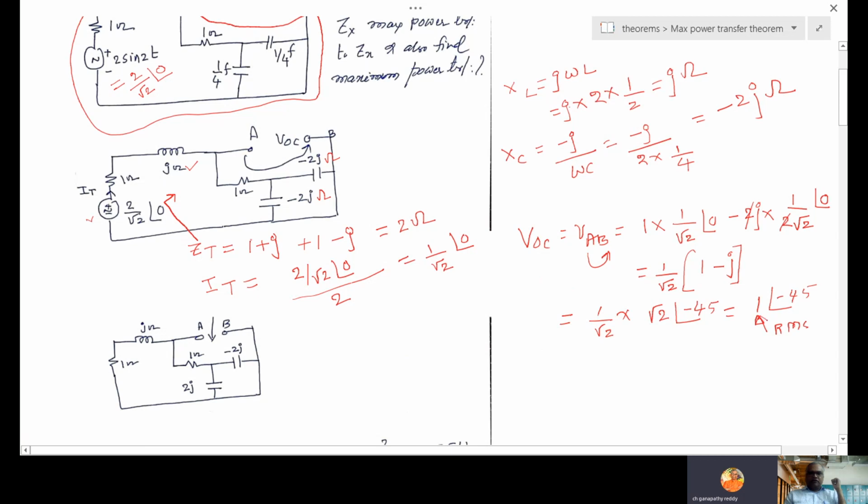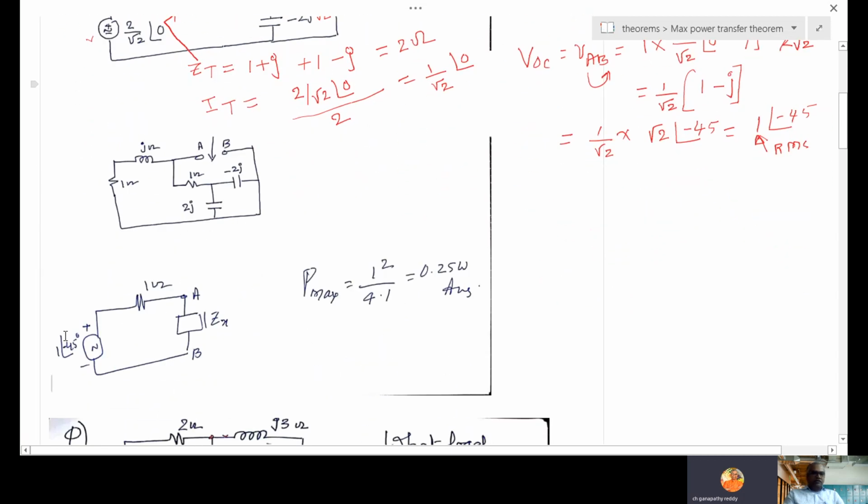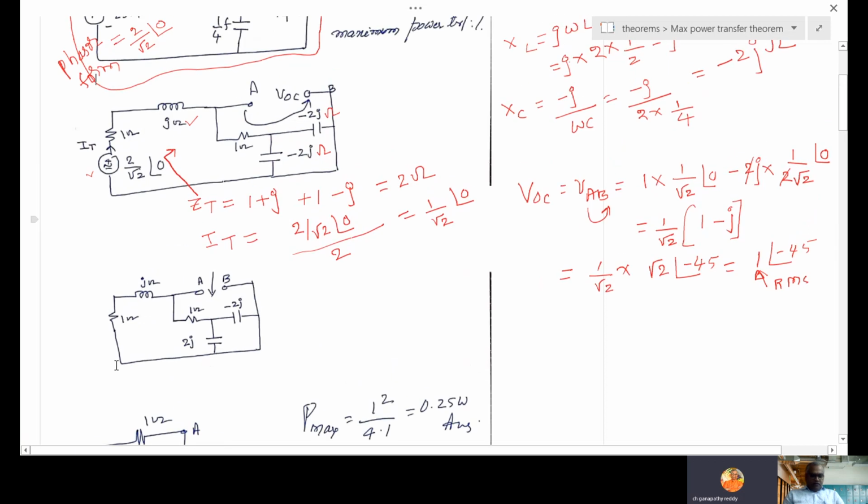So when we change the source into phasor, then this is the phasor form. All these things you have already studied in first year. 2 by root 2 angle 0 is the phasor. So phasor form is always in RMS, and therefore the Thevenin equivalent we get is, look here, 1 of angle minus 45.